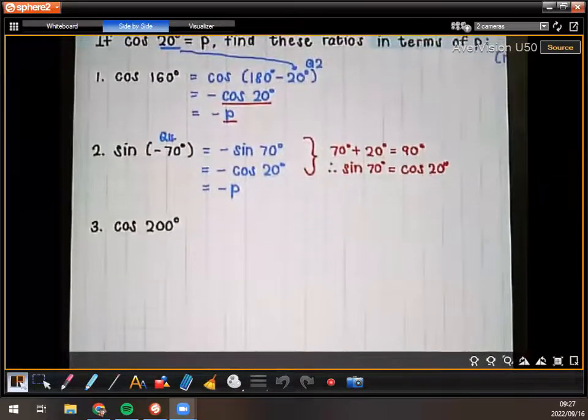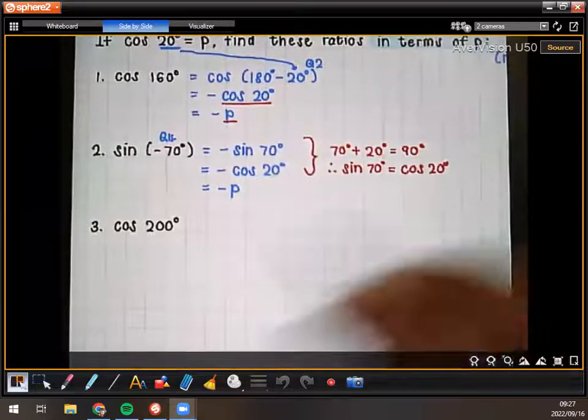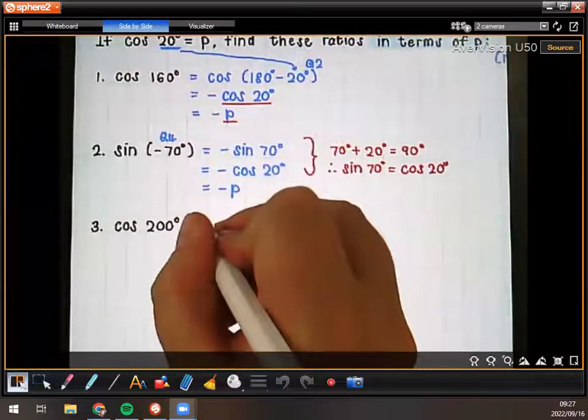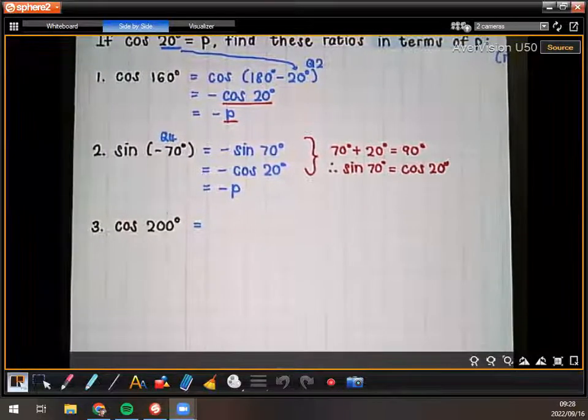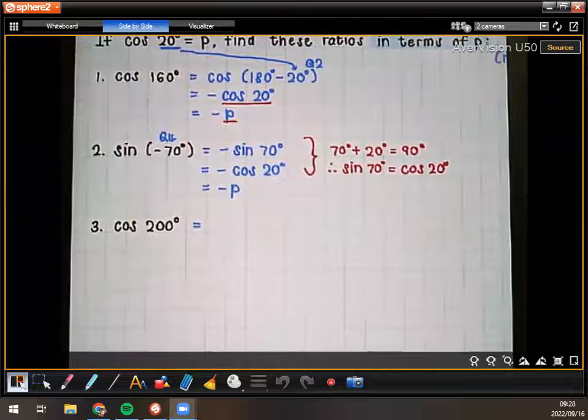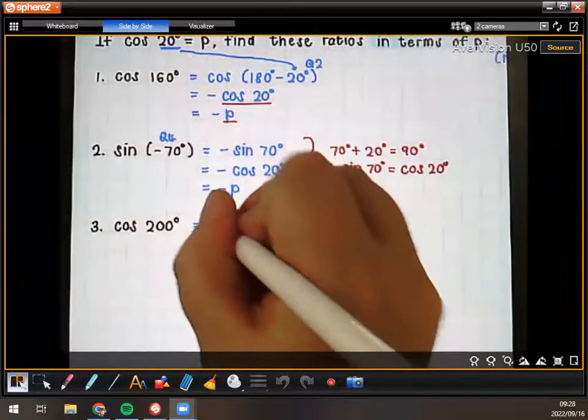Cos of 200. Then we're going to keep coming back to 20, right? Because it gave us cos 20. So we need to try and express this using cos 20. So what can I do? 180 plus 20, good.